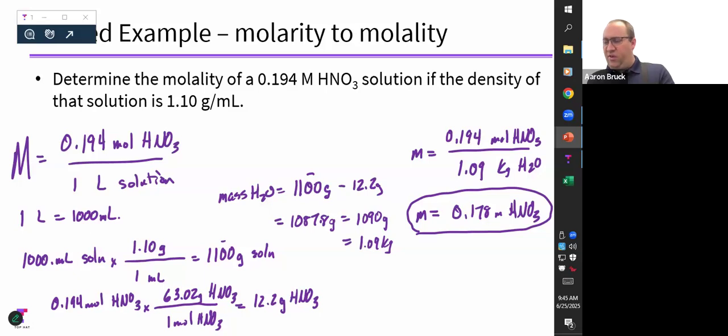Having an understanding of those definitions makes a really significant difference between getting these right and not getting these right. So any questions on this before we move on to the next thing?